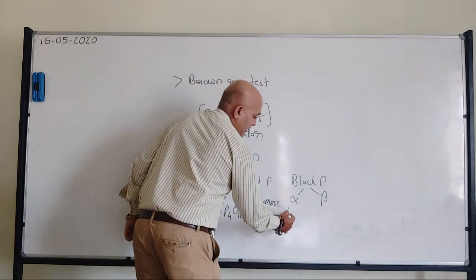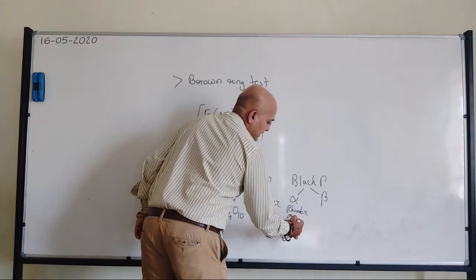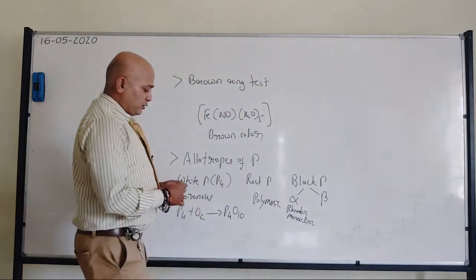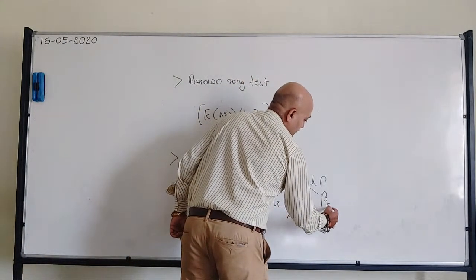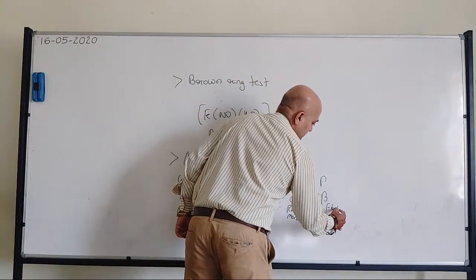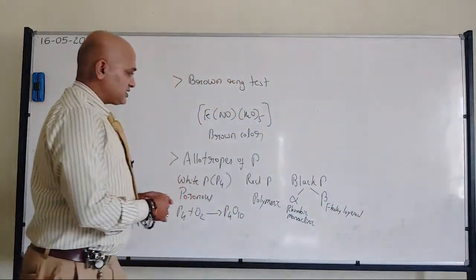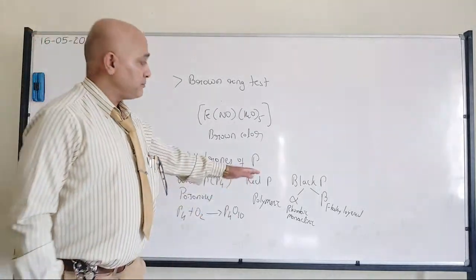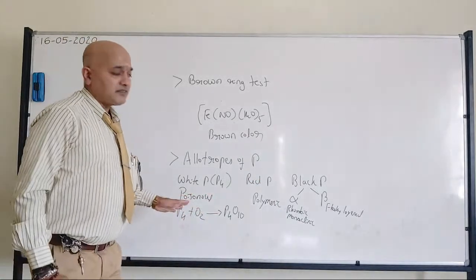It can be rhombic or monoclinic crystal structure. That means the unit cell will be rhombic or monoclinic type in a crystal structure. This will form a flaky layered structure. So that's where we have alpha black phosphorus and beta black phosphorus. Fine. So that's what we have discussed.